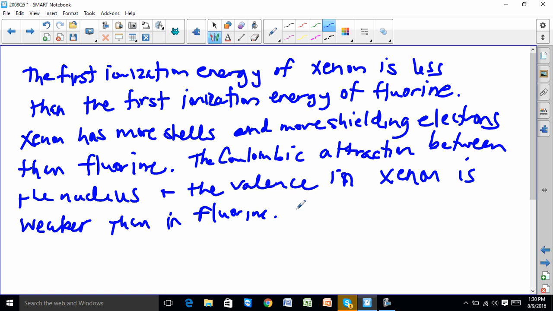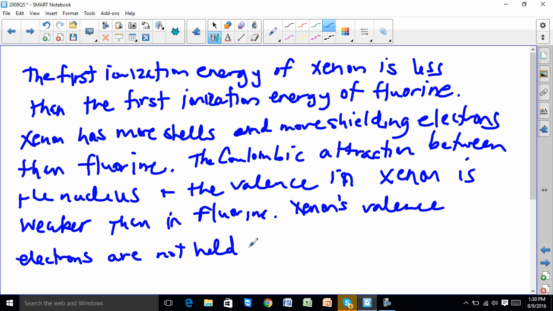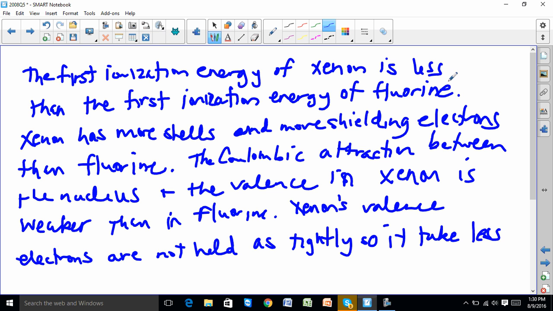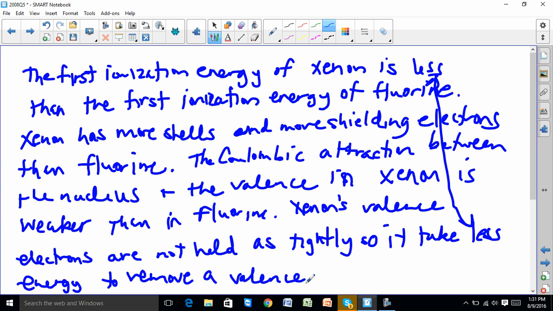And then we would say xenon's valence electrons are not held as tightly, so it takes less energy to remove a valence electron.